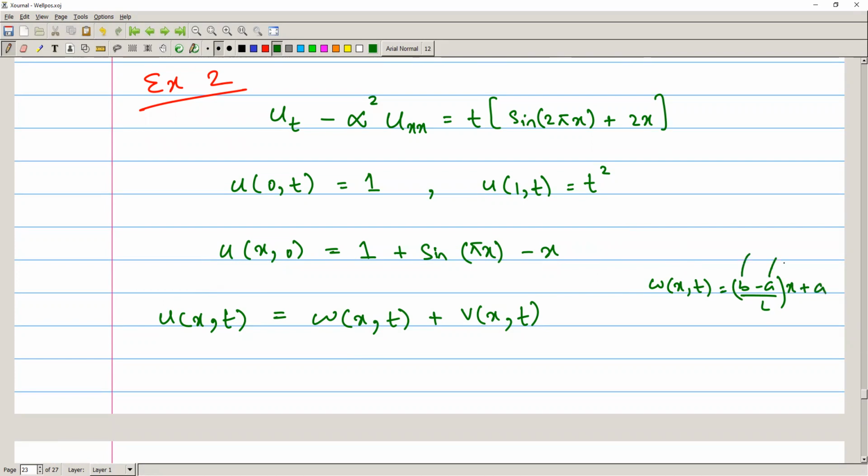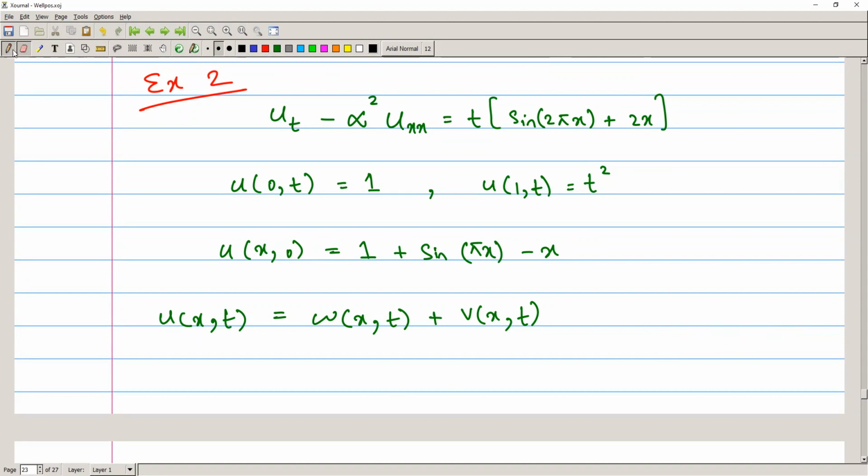So b is 0, a is 0, so this will always be 0, right? That's why we didn't work out for this w of x comma t in the previous example, but in this case the boundary conditions are non-homogeneous, so we are going to work out for w of x comma t.